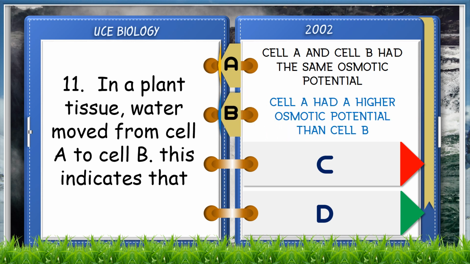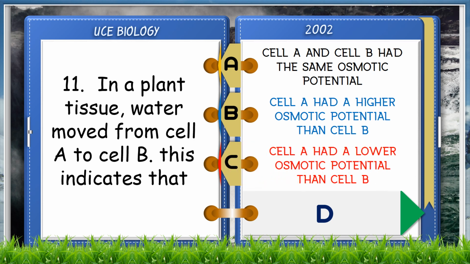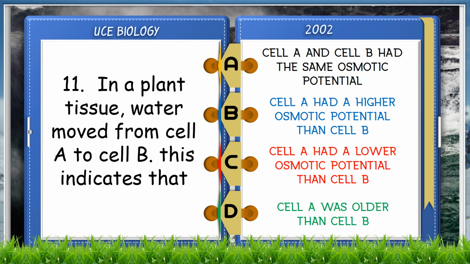B. Cell A had a higher osmotic potential than cell B. C. Cell A had a lower osmotic potential than cell B. D. Cell A was older than cell B. The answer is B. Cell A had a higher osmotic potential than cell B.